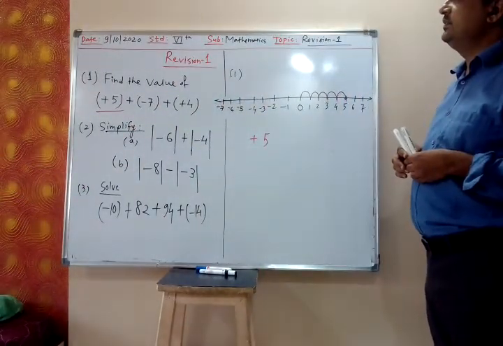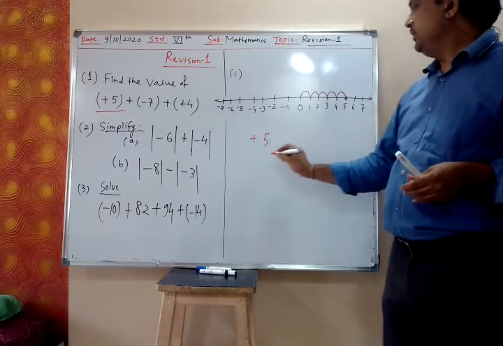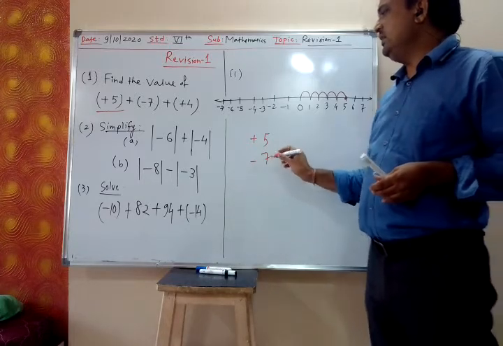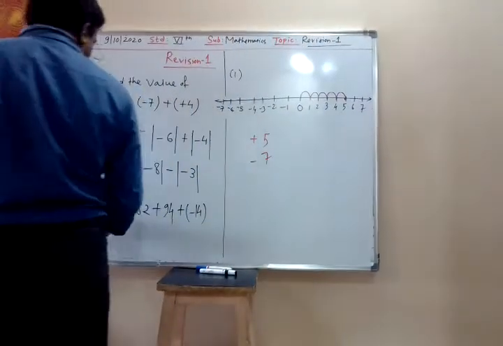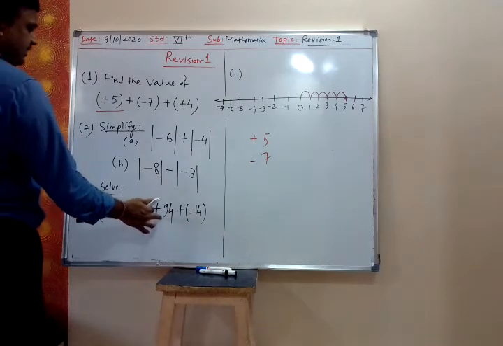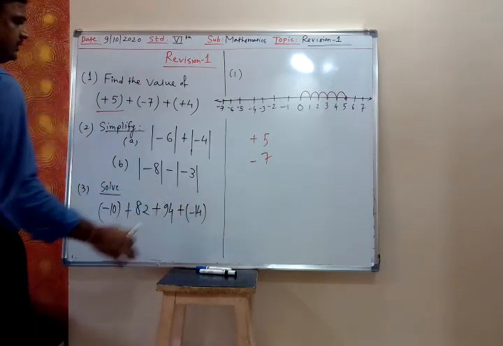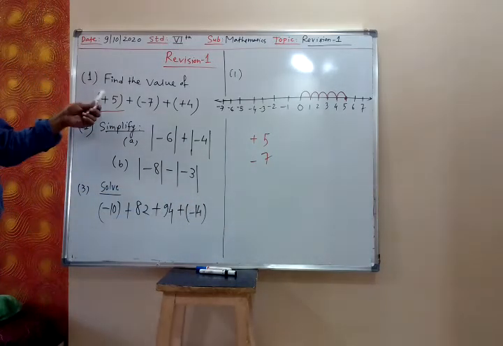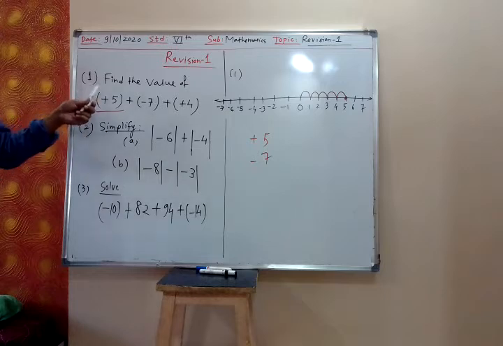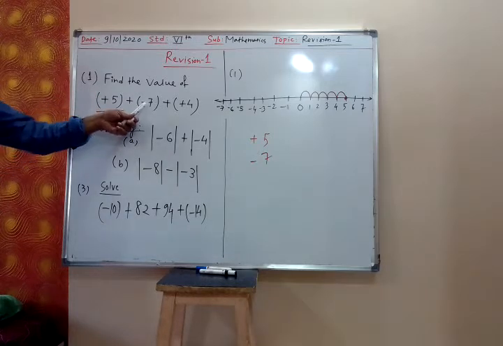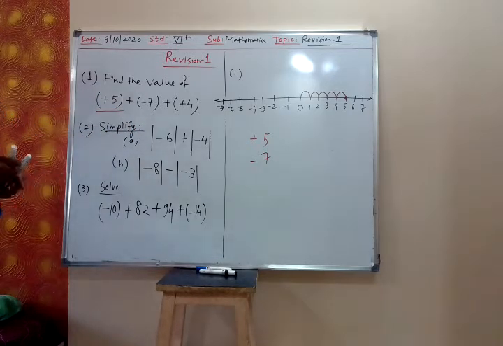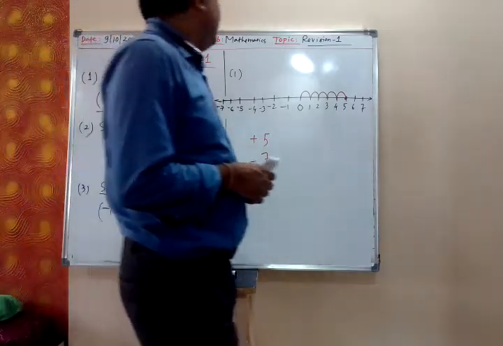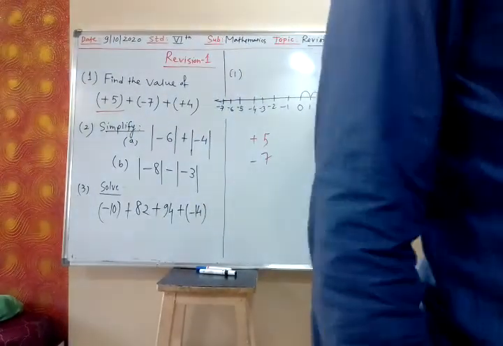Minus 7 means, for example, if the third question is minus 10 plus 82 plus 94 plus minus 40, let us solve one by one. First we solve, find the value of plus 5 plus minus 7 plus 4.